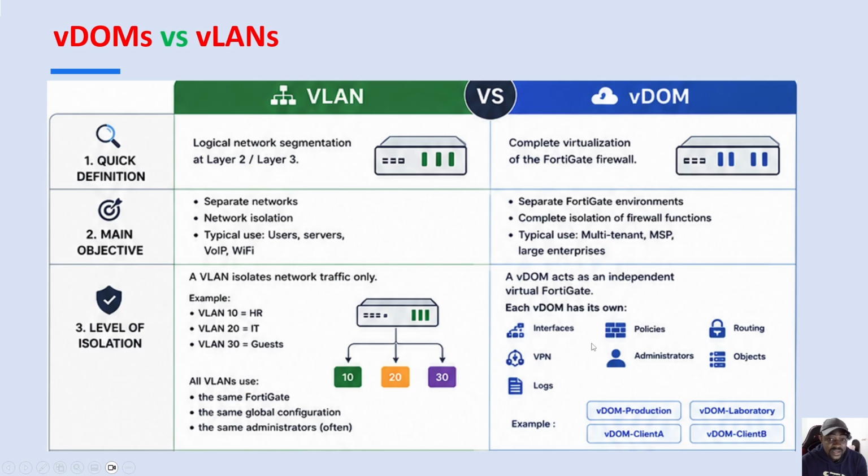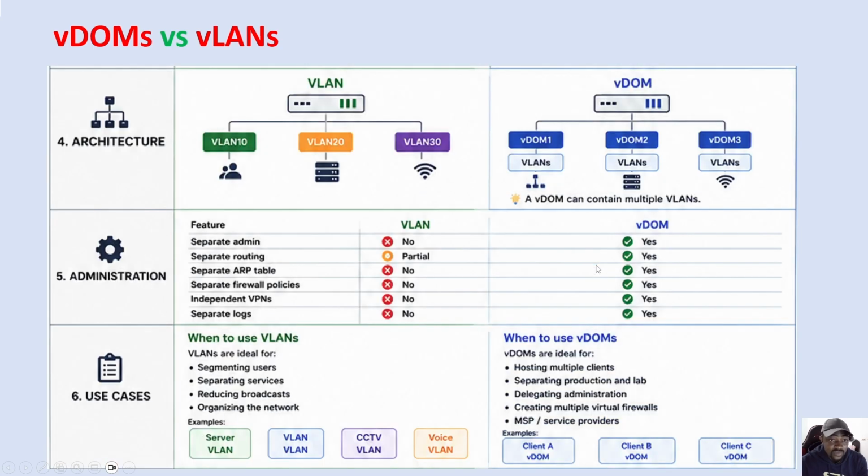So here you really understand that the big difference between the vDOM and the VLAN is that all the VLANs will reside on the same FortiGate, while a vDOM will be like an independent virtual FortiGate on which you can create multiple VLANs, right? This is the architecture.